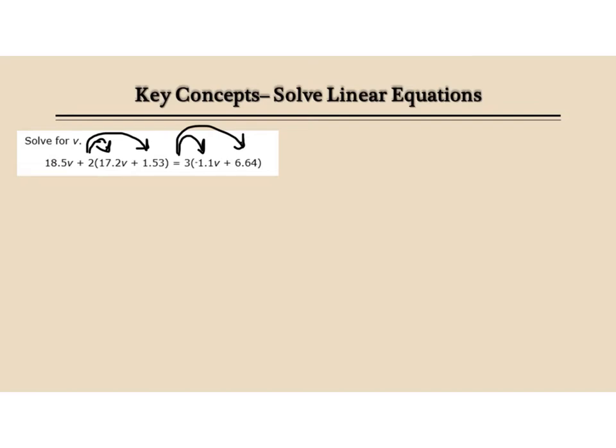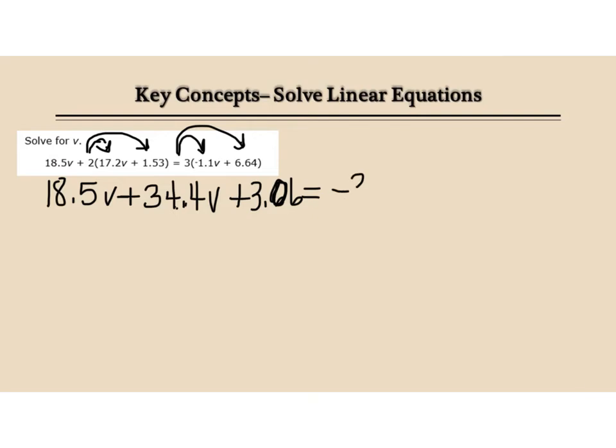So on the left I end up with 18.5v plus 34.4v plus 3.06. It equals negative 3.3v plus 1992.